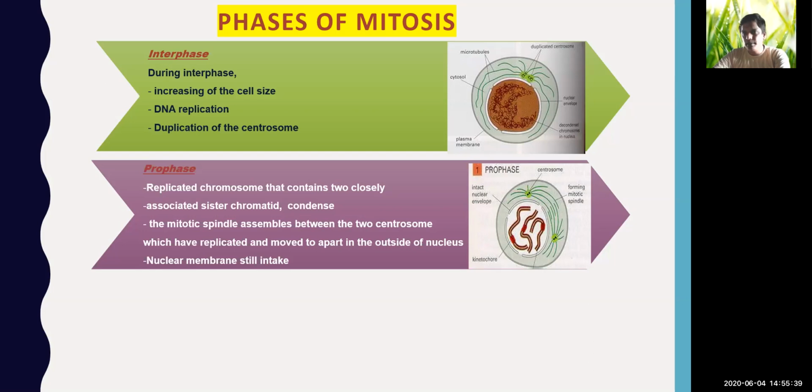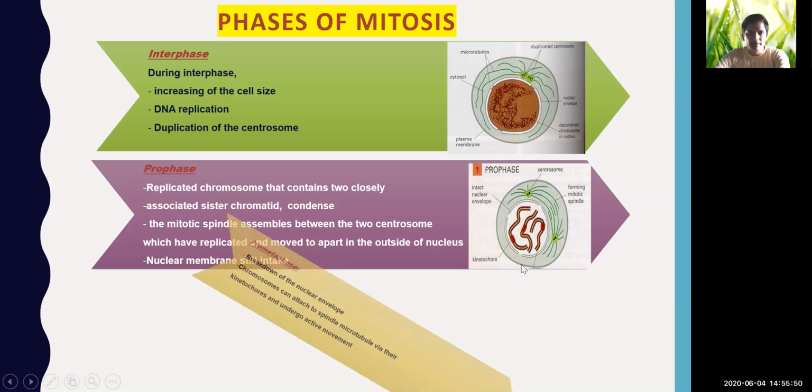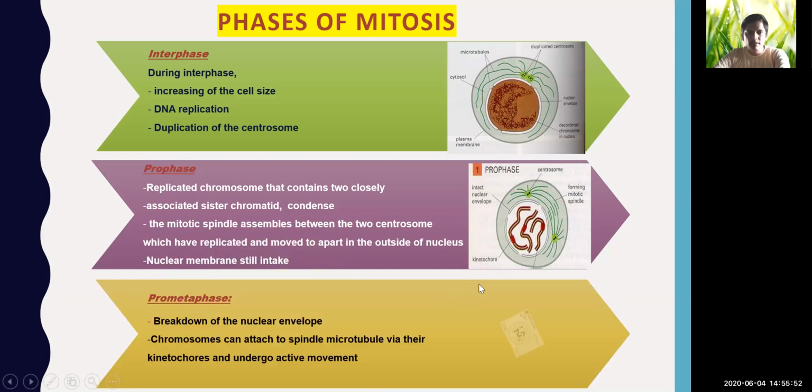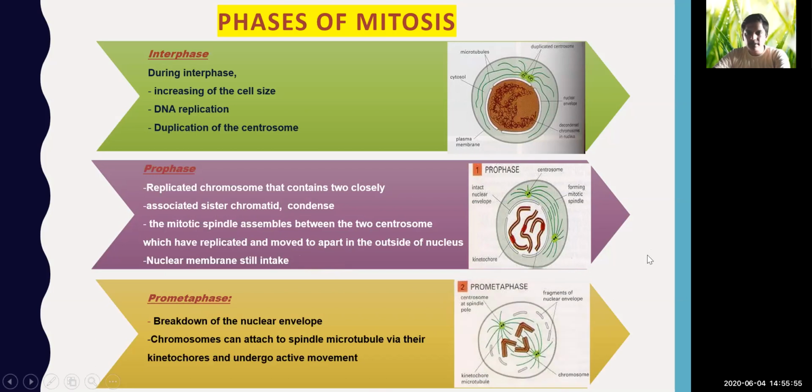So the nuclear membrane will disappear afterward, in the next stage. These are the centrosomes, which are moving towards the opposite poles. So this is the prophase, prometaphase, sorry.